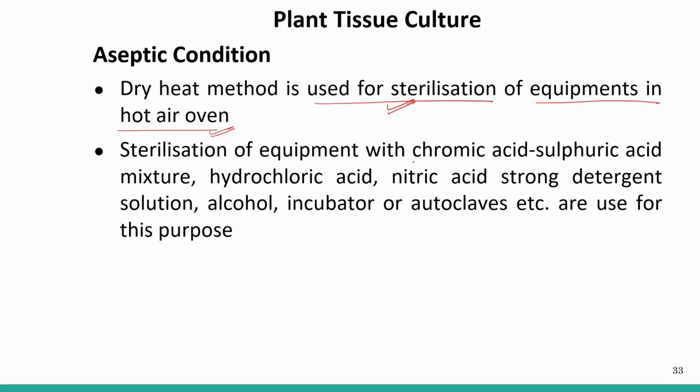Sterilization of equipment with chromic acid sulfuric acid mixture, hydrochloric acid, nitric acid, strong detergent solutions, alcohol, incubator or autoclave, etc. is used for this purpose. If you do not have a hot air oven, you can sterilize your equipment with the help of these chemicals also.